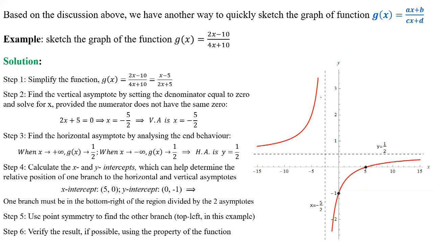As you can see here, when x approaches negative infinity, this function approaches 1/2 from the positive side, and when x approaches positive infinity, this function approaches 1/2 from the negative side, right? You can verify the result using the property of this function.